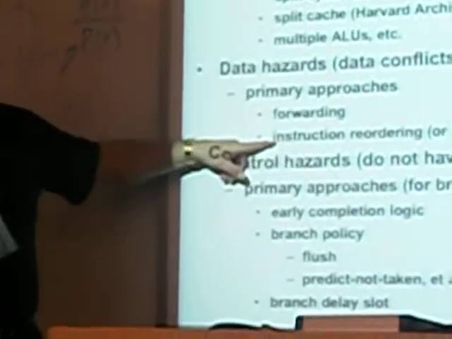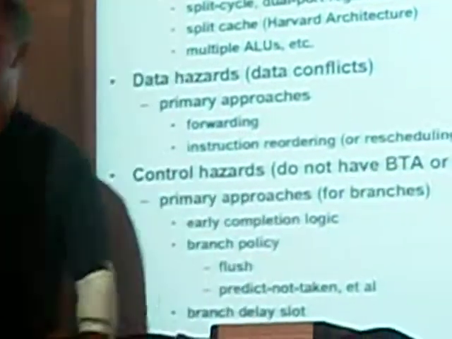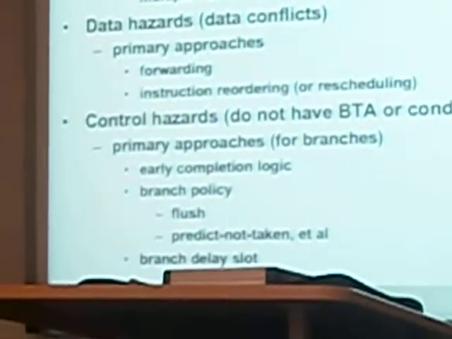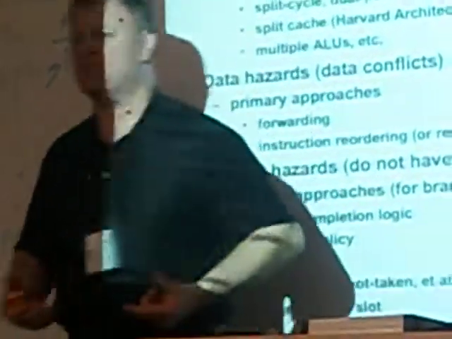Today we'll try to address instruction reordering. The technical term is rescheduling. If we can reschedule the flow of control in the assembly language code without impacting the outcome, then we could circumvent some data hazards. And then control hazards. The idea here is we don't have the branch target address, or we don't have the condition that we need at the time we need it.